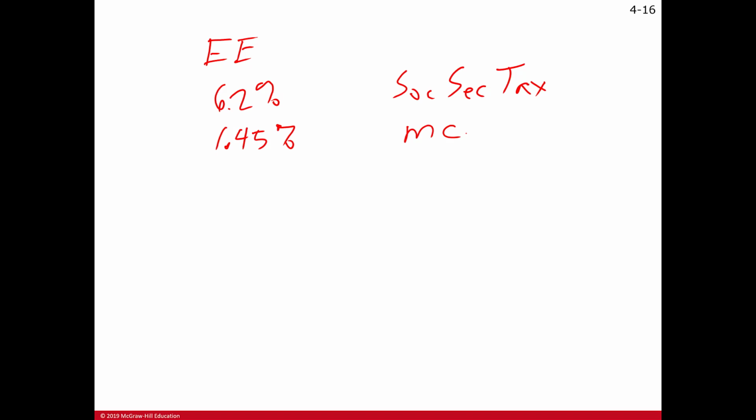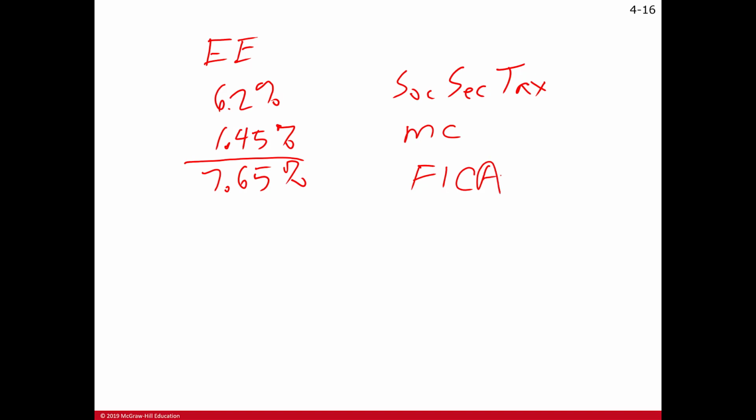When you're 65, I think it is, you can get that hospital insurance and maybe pay a little bit more to get that additional doctor's insurance. So the total they take out for this type of taxes is 7.65%, which I believe they call FICA, Federal Insurance Contribution Act tax.